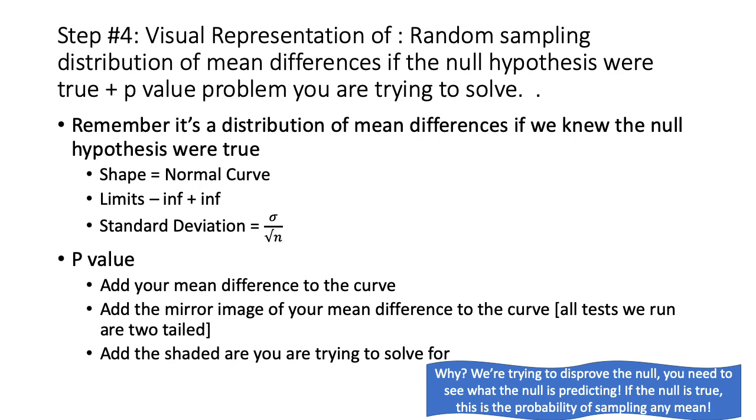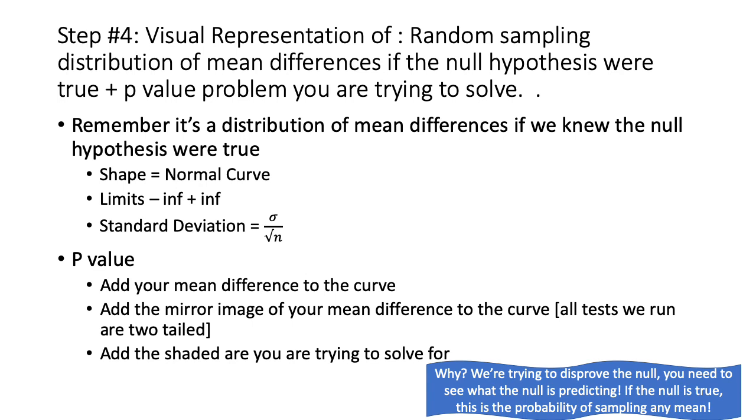In addition to drawing a random sampling distribution of the mean difference when the null is true, we also want to have a visual representation of our p-value that we're trying to calculate. Essentially, we know from previously that the shape of our distribution is normal, our limits are negative infinity to positive infinity, and the standard deviation is standard error.